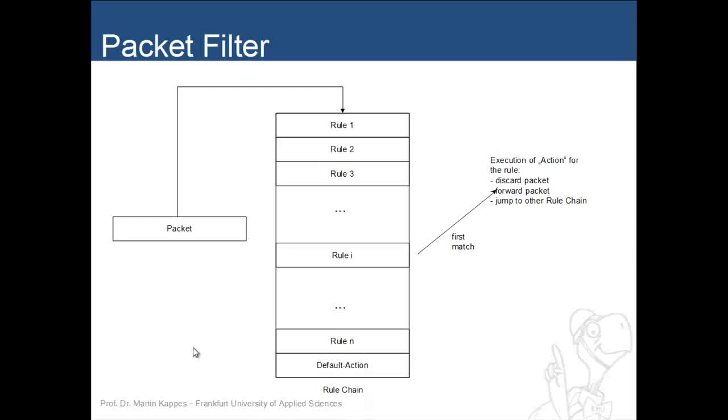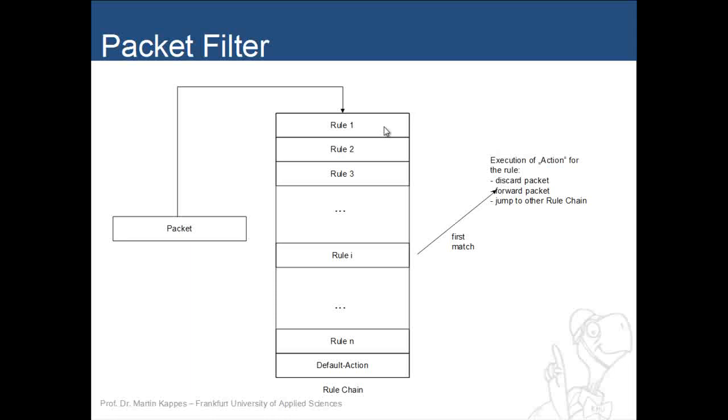So a packet that is compared against the rule chain will basically go to a rule. What is a rule? Well, a rule specifies features a packet can or cannot have, and it also has an action part, and if the packet matches the features specified in the rule, then the specified action of the rule is executed.